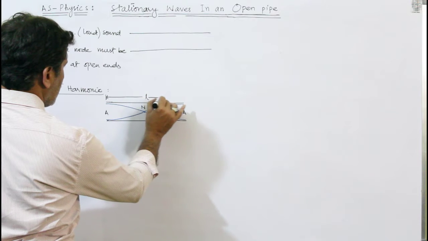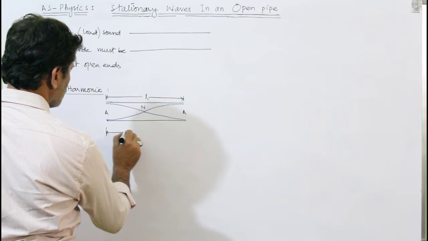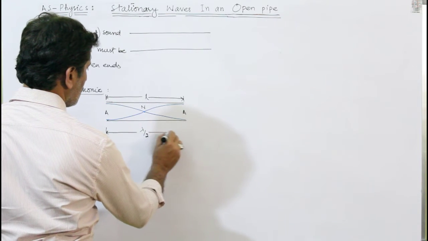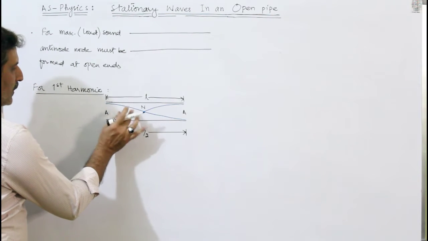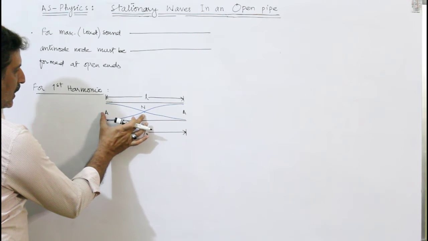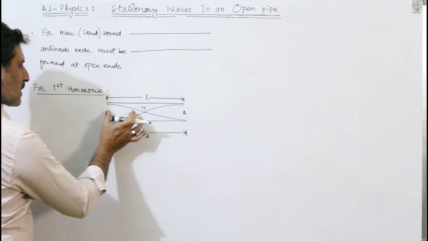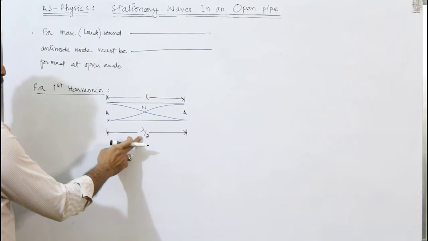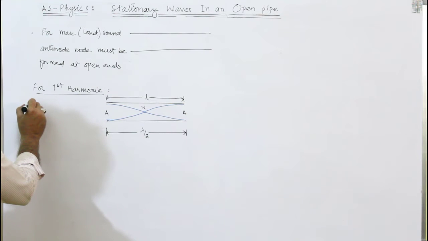Now we can say that the complete length of the tube is converted into half of the wavelength, because if you observe here, this part is equal to half of the loop and this part is also equal to half of the loop. So half loop plus half loop is equal to one loop, and we know that the wavelength corresponding to one loop will be half of lambda.